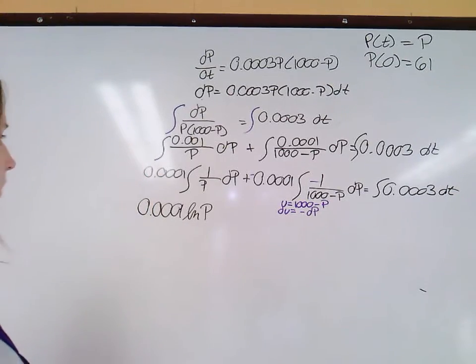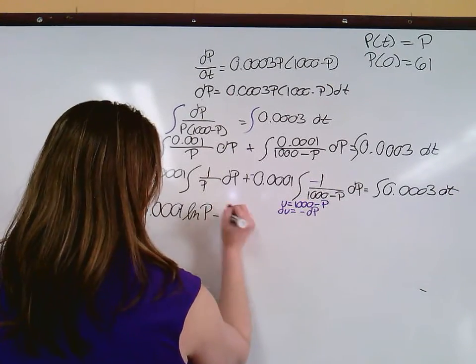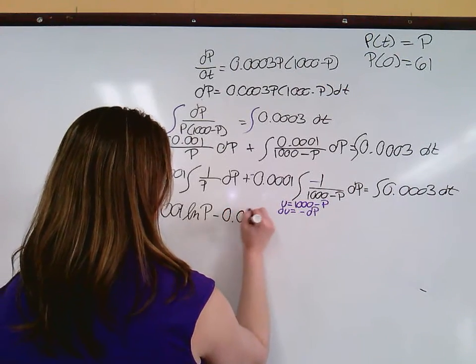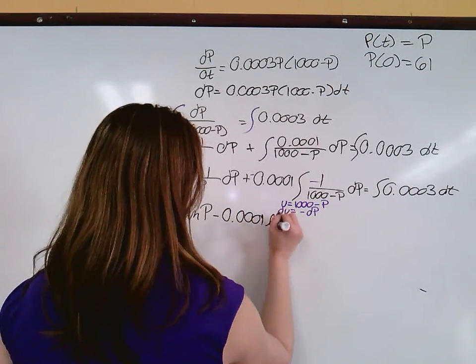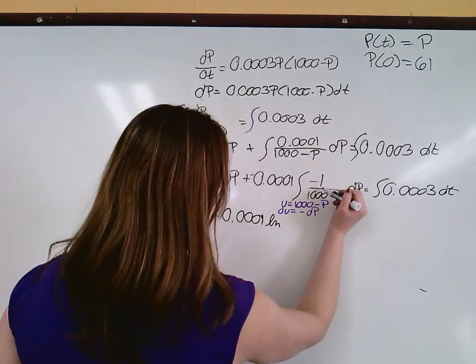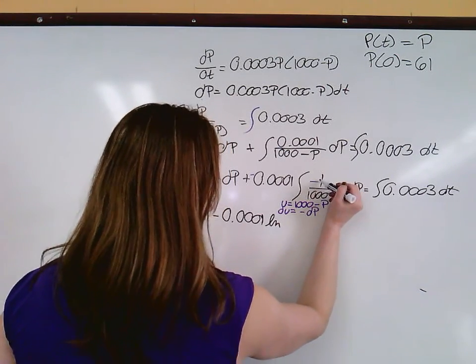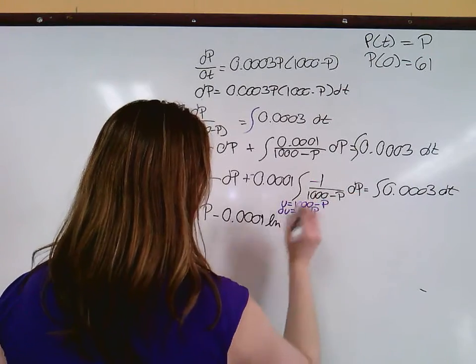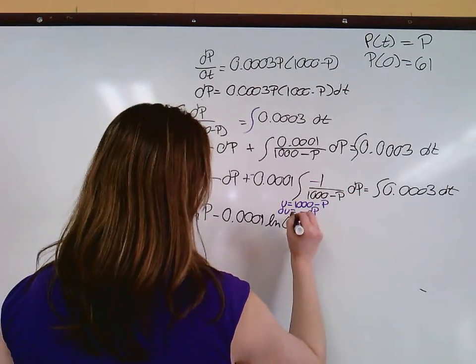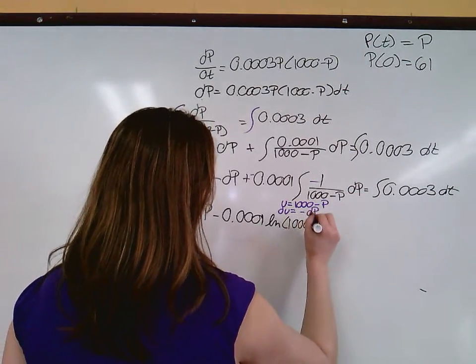So that's going to turn into negative 0.0001 ln. So then that's going to turn into du over u, and then u is going to be 1,000 minus p.